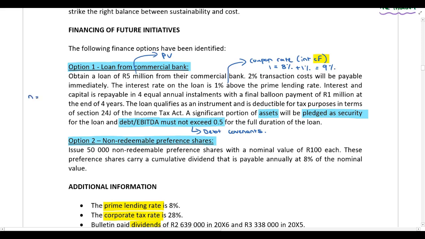So N is going to equal 4. And they have a final bullet payment of R1 million at the end of 4 years. So that's going to be an outflow at the end of 4 years, which is the future value. And we are going to solve for the payment, which will give us the annual interest and capital installments.